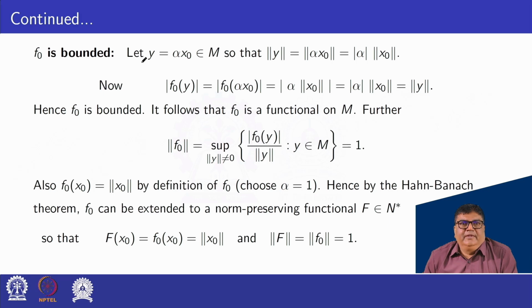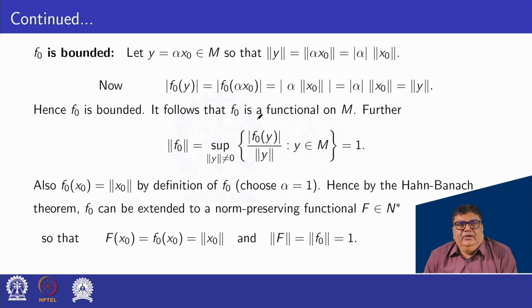Now f0 is bounded. Let y is equal to alpha x0 belonging to M, so that norm y is equal to norm of alpha x0, which can be written as mod alpha norm x0. Now mod of f0 of y equal to mod f0 of alpha x0.